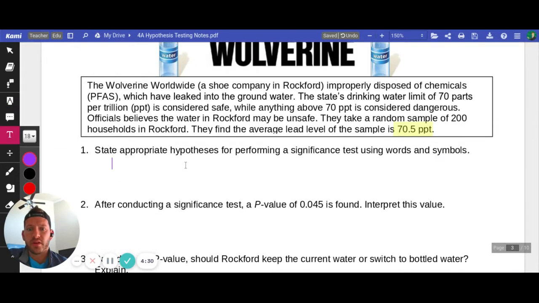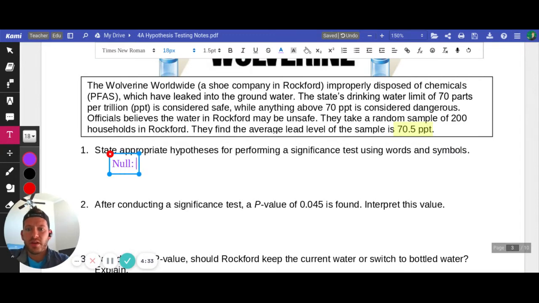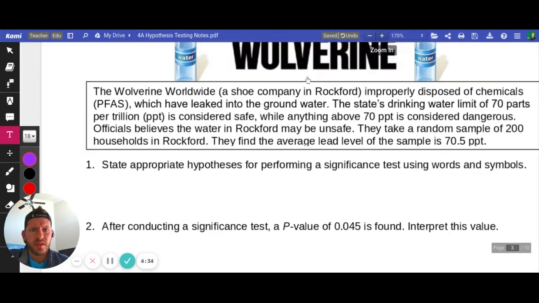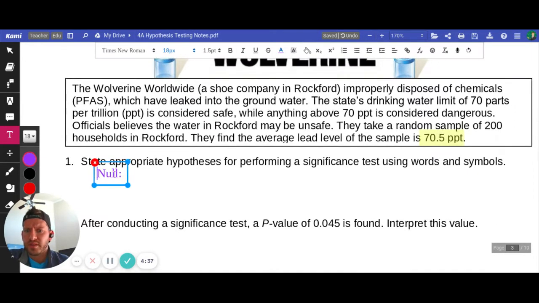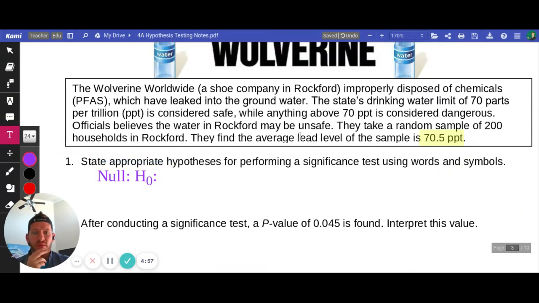So we need to start with our hypotheses. Let me zoom in here a little bit and make this bigger for everyone to read. Our null hypothesis, H sub 0, is going to have an equal sign here. We've got to figure out what we're talking about. It seems like an average. The average lead level, let's highlight that real quick.